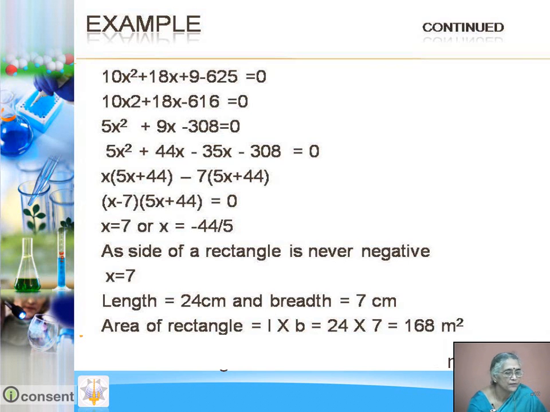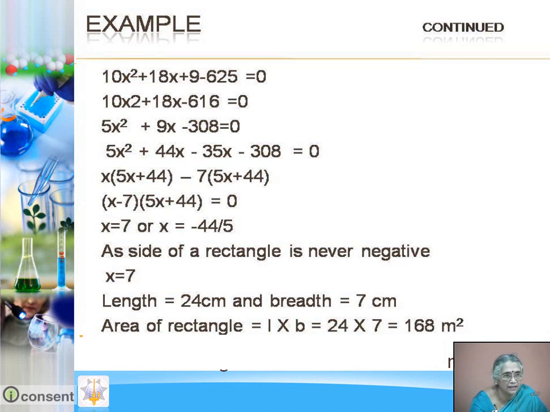Now find pairs of two numbers such that the addition between two is 9x. Product will be negative and their addition is 9x. So equation is 5x square plus 44x minus 35x minus 308 is equal to 0. Simplifying this, you will get x is equal to 7 and x is equal to minus 44 upon 5.